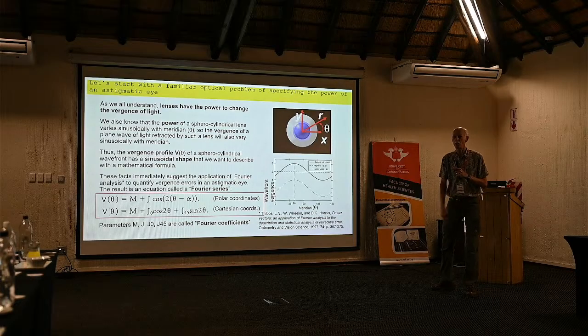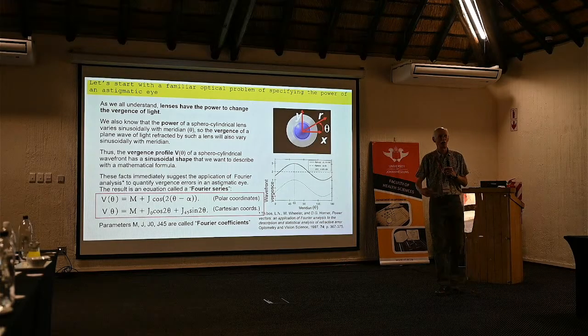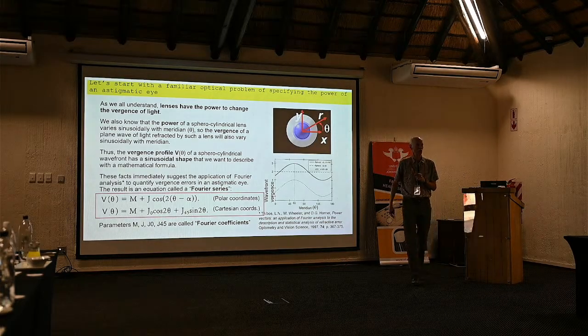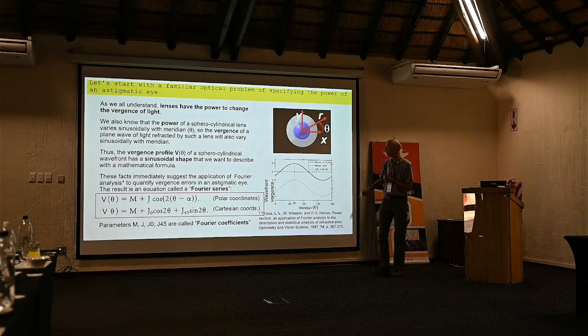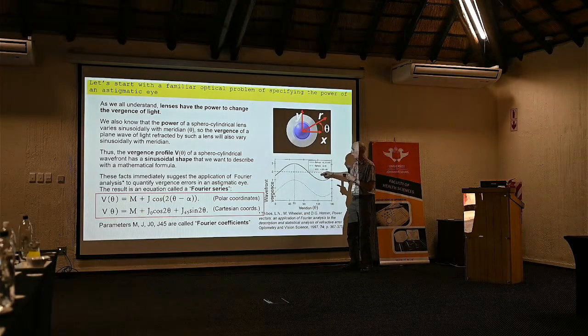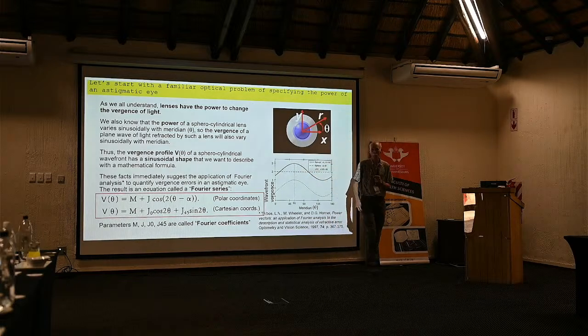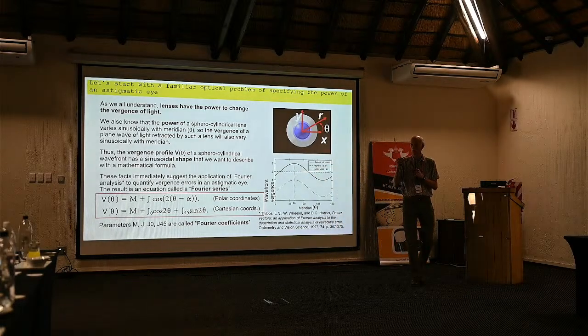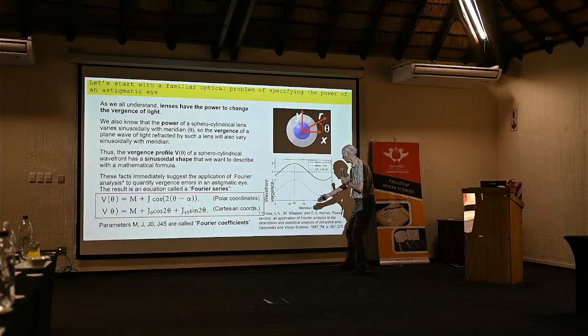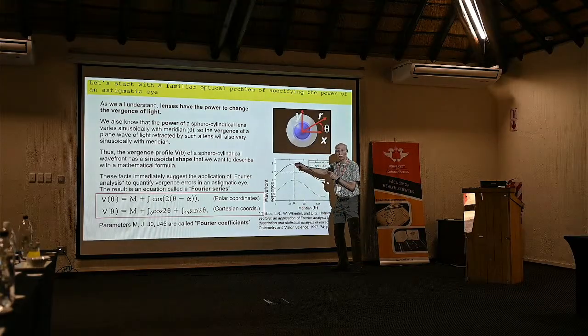So traditionally in optometry, you think of spheres and cylinders. I don't think in terms of spheres and cylinders. I think in terms of sphere, mean power or mean vergence, and the amplitude of the sinusoidal variation. So that's two numbers. The third one is what meridian is responsible for.